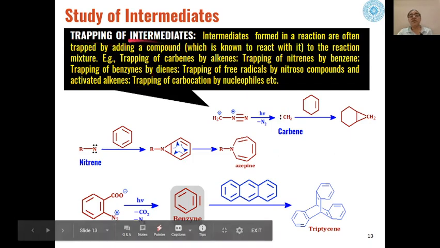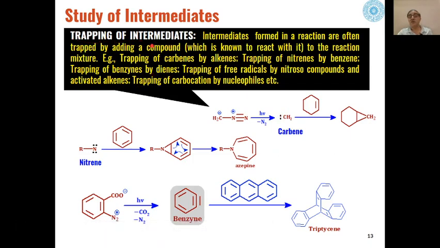Then similarly, the third category is that the intermediates formed in these types of reactions can be trapped through different types of reactions. For example, we know when diazomethane is reacted under photochemical conditions, these carbenes are formed, and they can be trapped with cyclohexene to give us these types of products. Similarly, nitrenes can be trapped by aromatic systems to give us these types of azepines.